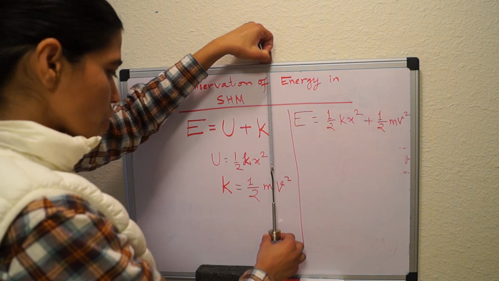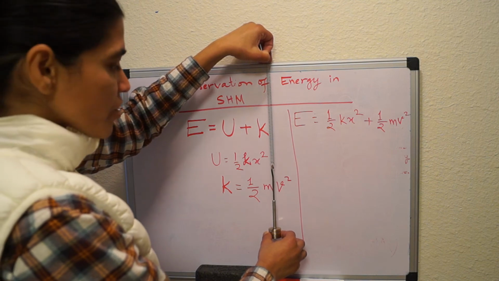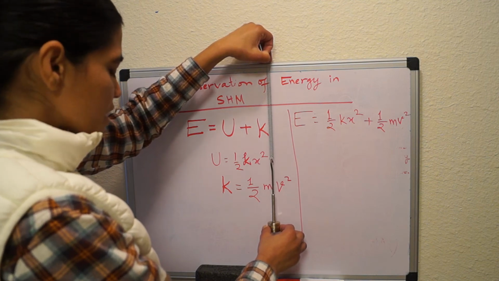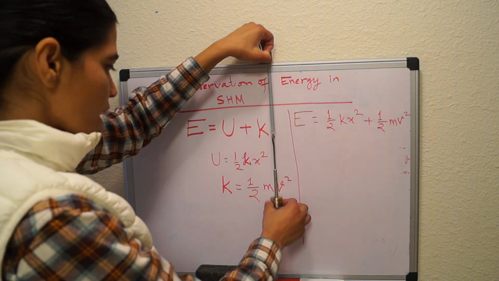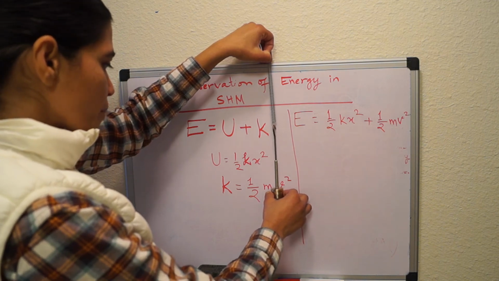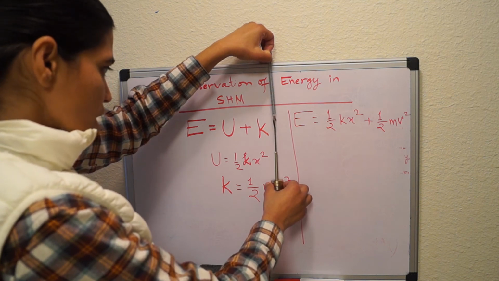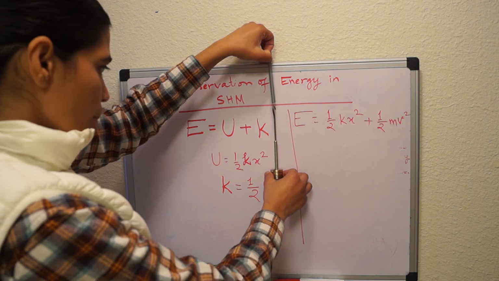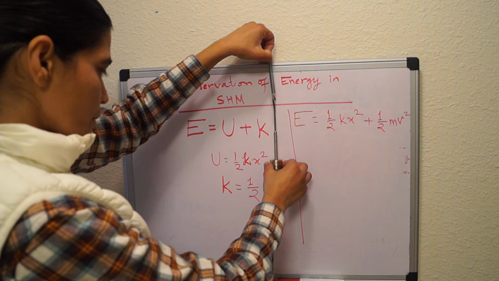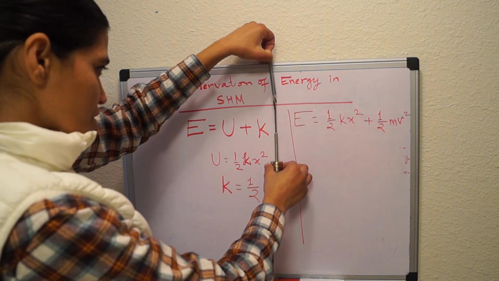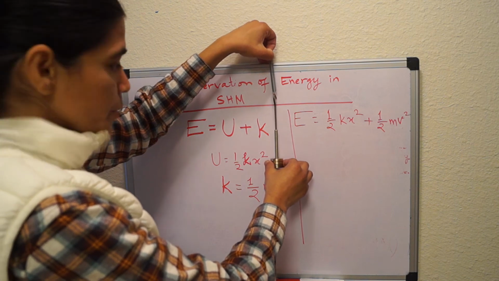Now once it starts to come up, potential energy is going to start decreasing, right? However, the kinetic energy is going to keep increasing because it's moving faster. It gets to the equilibrium position, where the kinetic energy is fastest, and then it goes up again, but now the kinetic energy starts to slow down because it's going away from the equilibrium position.